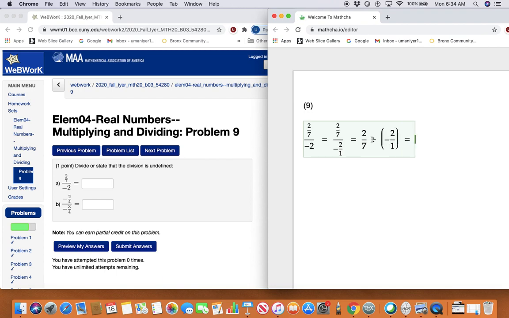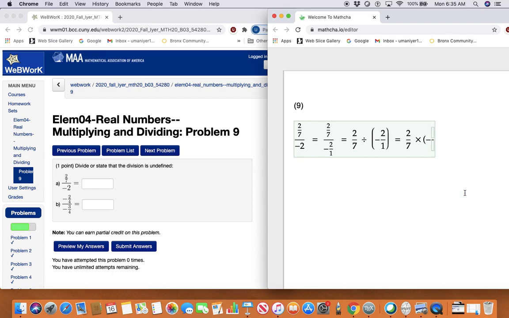Well, division by a fraction is multiplication by the reciprocal. So let's see. The first fraction is 2/7. I'm going to multiply by negative reciprocal, 1/2.